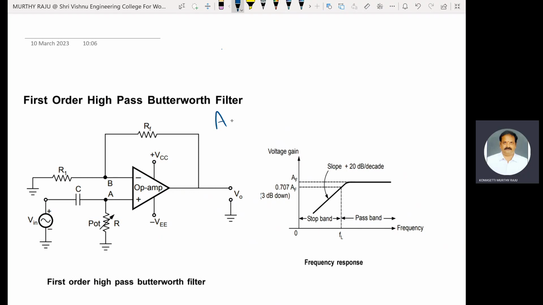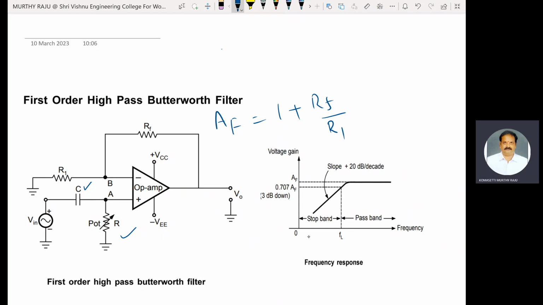Therefore, the gain of the op-amp AF is equal to 1 plus RF by R1. Next, the filter circuit consists of C and R elements. This is the description of the first order high pass Butterworth filter circuit.